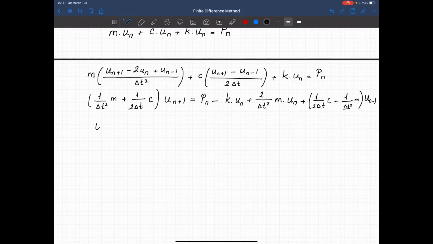So in order to obtain the displacement for the next time step, we can calculate the following.